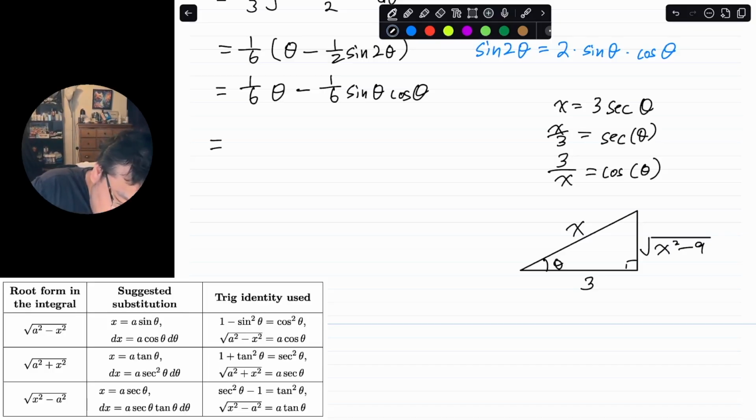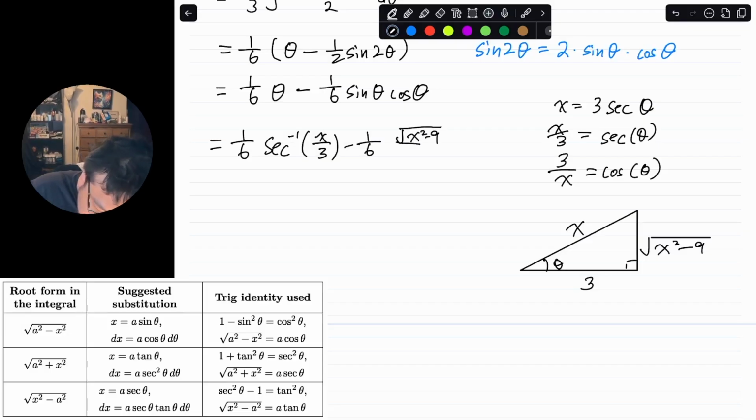So the answer will be 1/6 times theta, and we can do arccosine or arcsecant. So let's do arcsecant of x divided by 3, minus 1/6. So sine theta will be the square root of x squared minus 9 divided by x, and then cosine will be 3 divided by x.